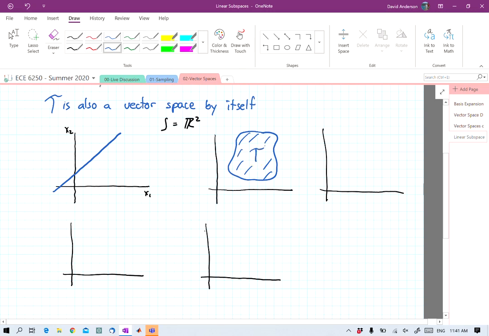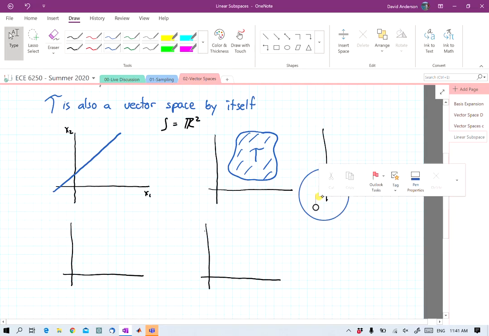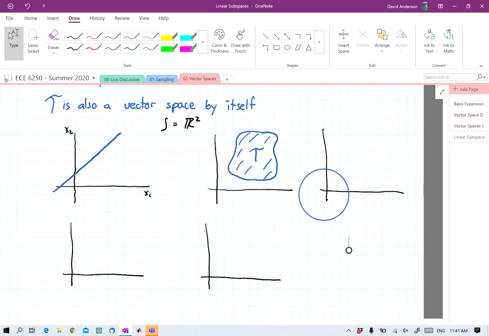There's another one. Pretend like that's a circle and it's centered on the origin. Actually, we don't even have to pretend. Let me see if I can do this. Oh, that's beautiful. Okay. So now we have this circle. We still have to pretend it's centered on the origin.